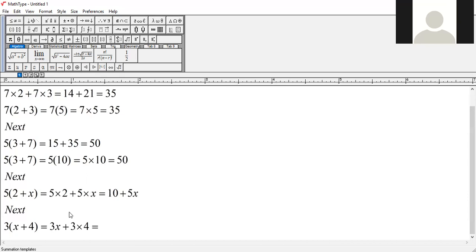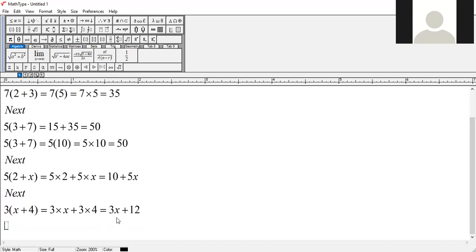For the first one, I could have written 3 times x first, then 3 times 4. So 3 times x gives us 3x. Now we have to add that because there is a sign of addition here. We add that to 3 times 4, which is 12. And this is what we get. This one here, 3x plus 12, is what we get when we expand 3 times x plus 4.